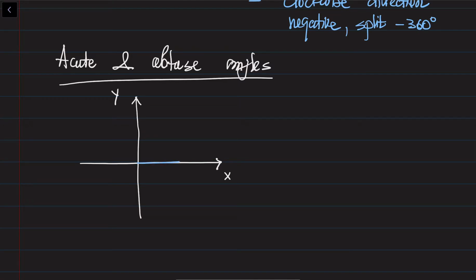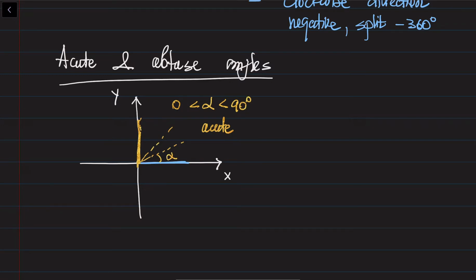Here is my initial line, and whenever the terminal line is between 0 and 90 degrees, this angle is going to be called an acute angle. So the acute angle is going to be this angle alpha. So alpha is always between 0 and 90 degrees.